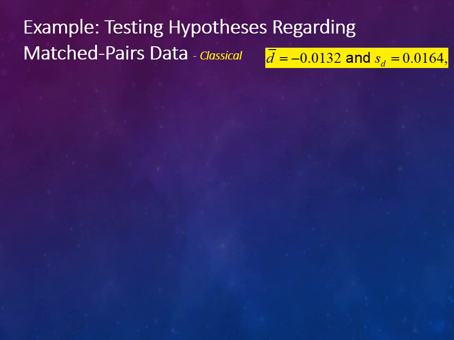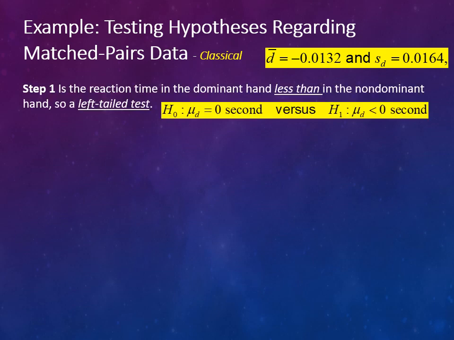First, we're going to do this same problem both with the classical and p-value approach. We said that we wanted the difference to be less than 0, or negative. So for our null hypothesis, we say that the difference is equal to 0. That would mean that the time is the same for your dominant and non-dominant hand.